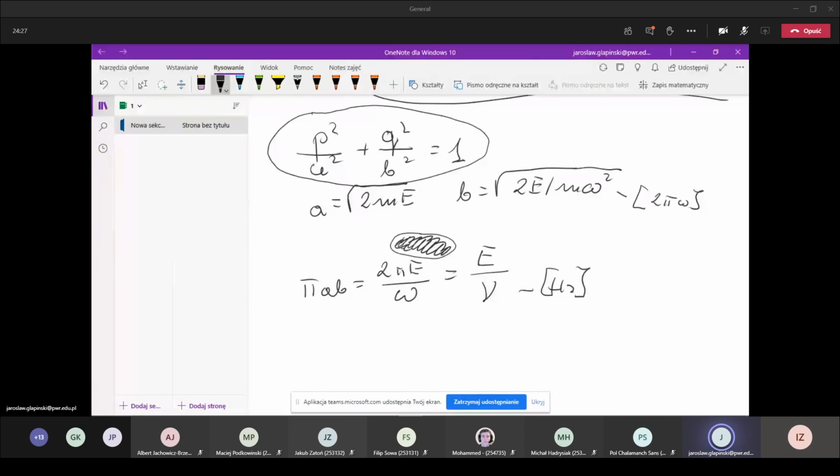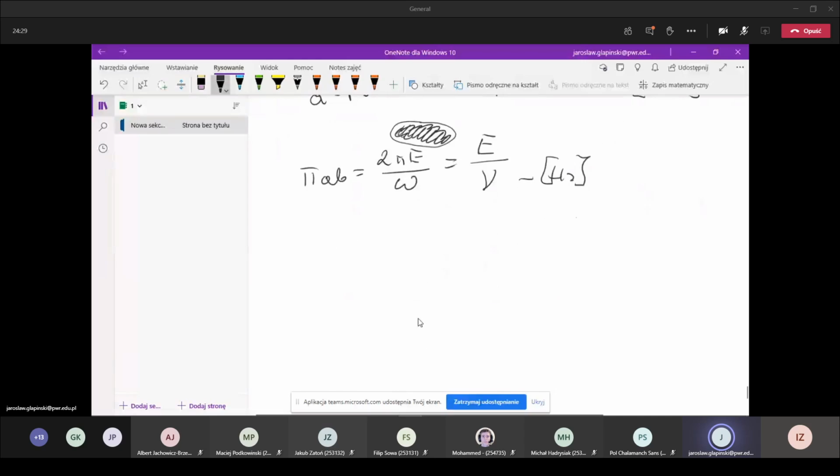Okay, and in this, we can see that it corresponds to the position and to the frequency. But this is constant for all the materials.